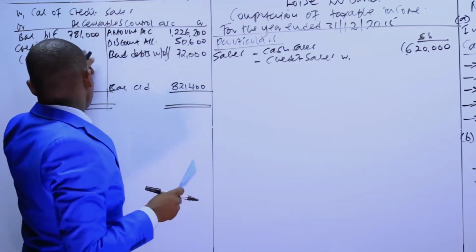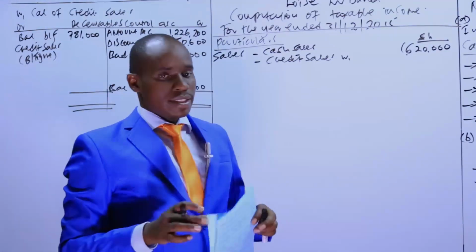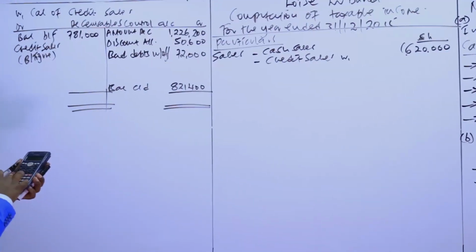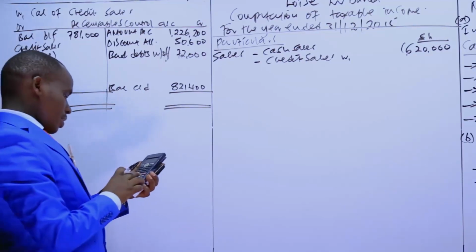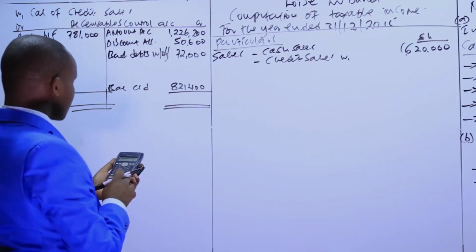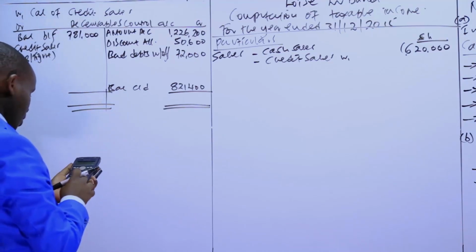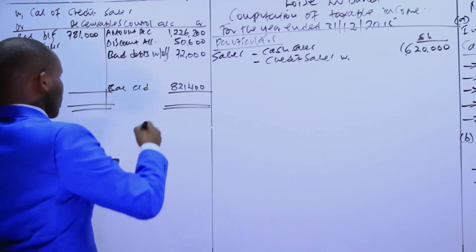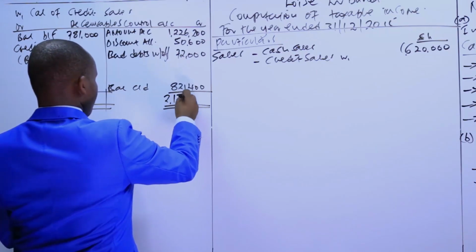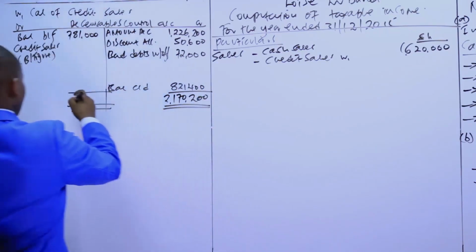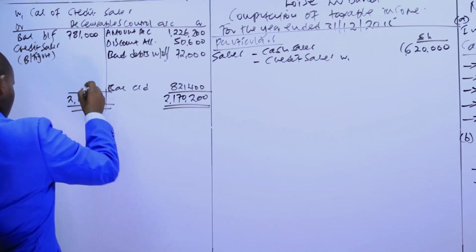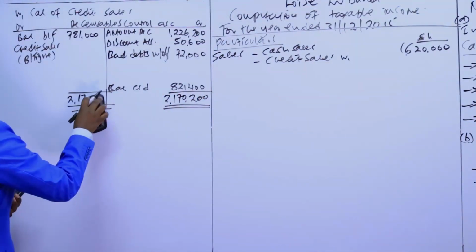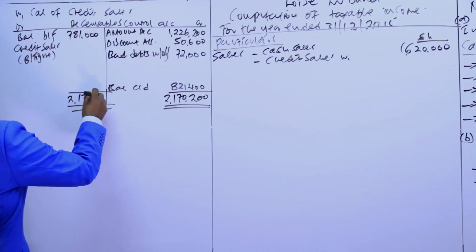Therefore, we do the calculation for the credit sales. 1,226,200 plus 5,600 plus 72,000 plus 821,400 gives a total of 2,170,200.